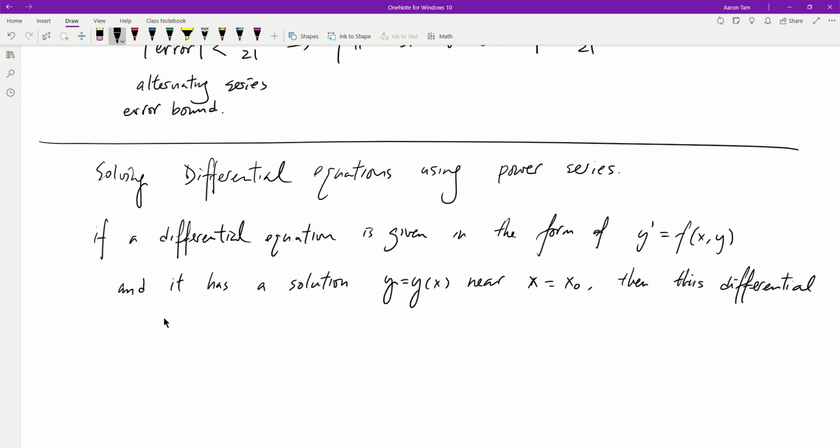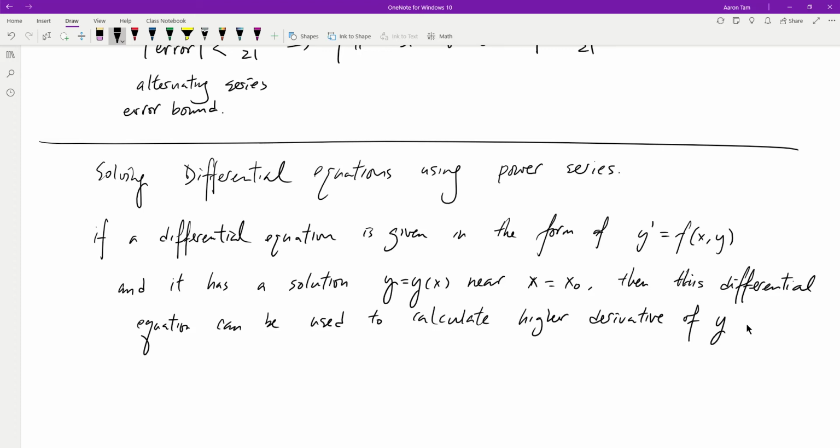This differential equation can be used to calculate higher derivatives of y, as long as y is differentiable.